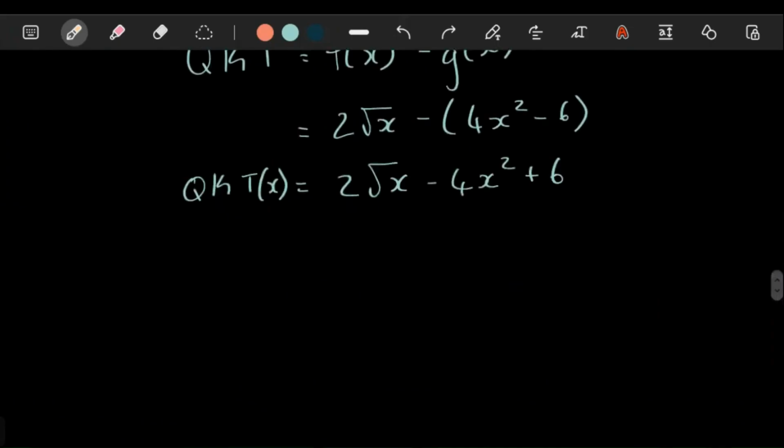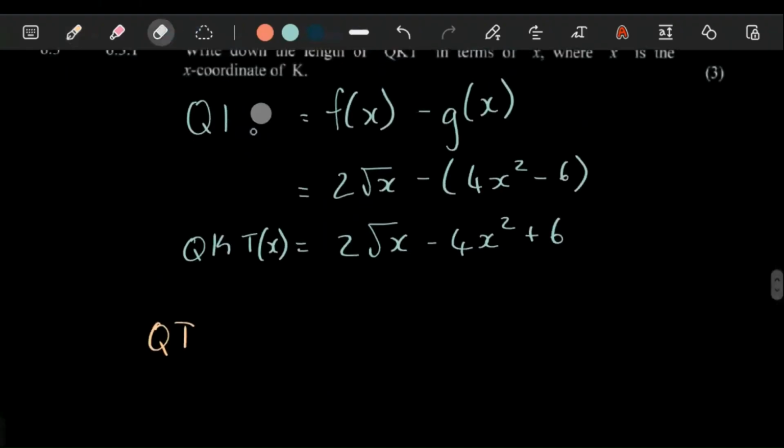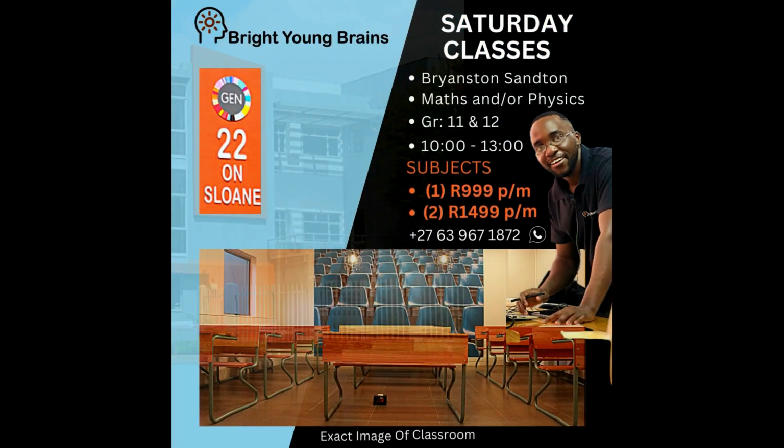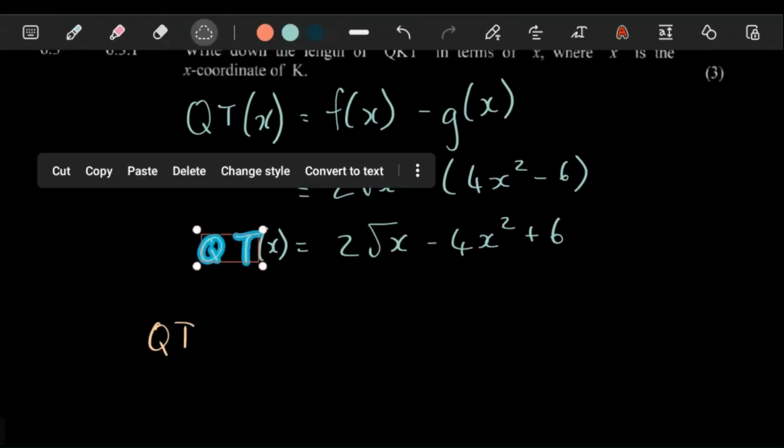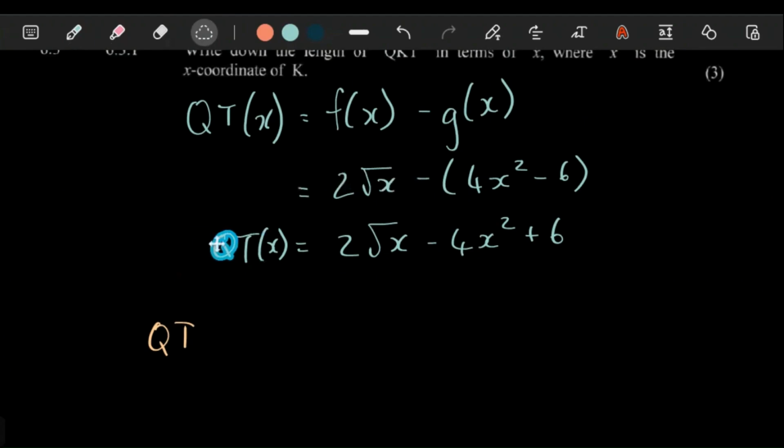So to find that x value, as we said, we can differentiate the equation. Let's label it QT to keep our lives a bit simpler. QT in terms of x. So this equation of QT, we're going to differentiate it.